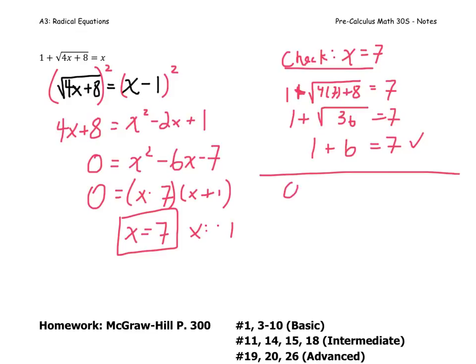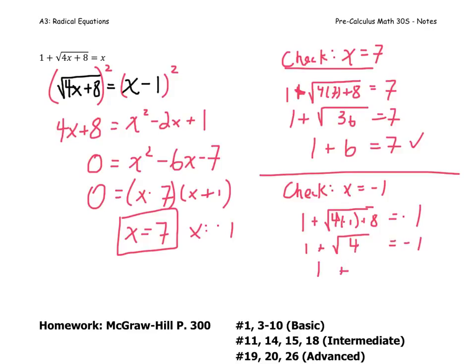So I can be confident the first solution is true. We have to keep checking. Check x equals negative 1. So I'll end up with 1 plus the square root of 4 times negative 1 plus 8 equals negative 1. So that's 1 plus the square root of negative 4 plus 8, 4 on the inside there.